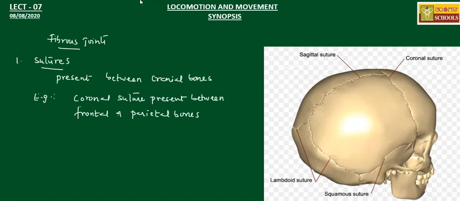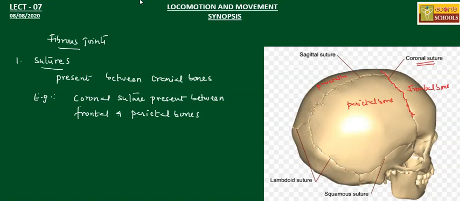In this skull you can see this is the frontal bone, and this is the parietal bone, and this is also a parietal bone. Between the frontal and parietal bone you find a zigzag suture. This is what we call the coronal suture.